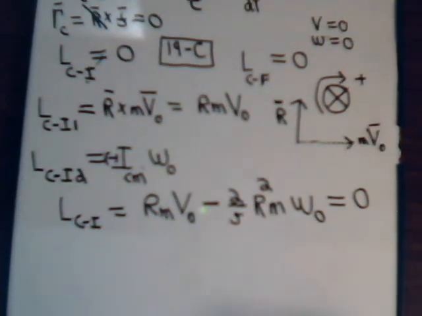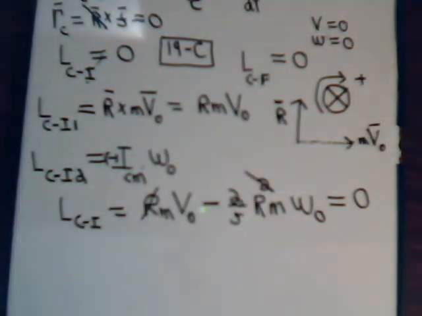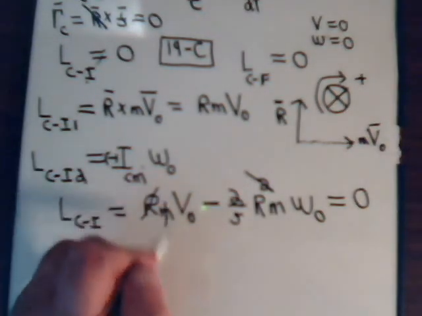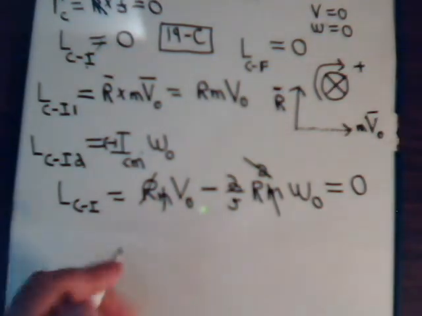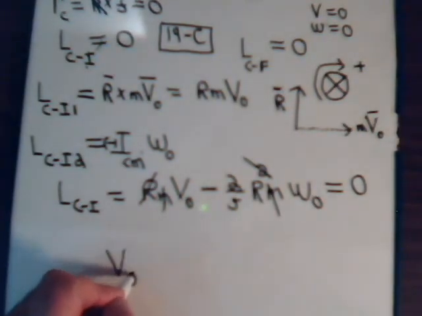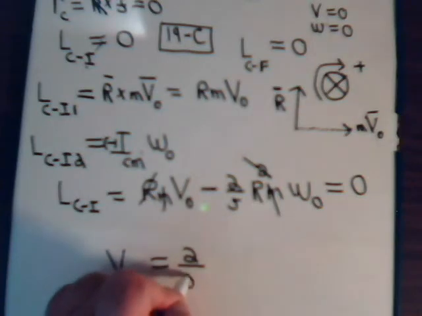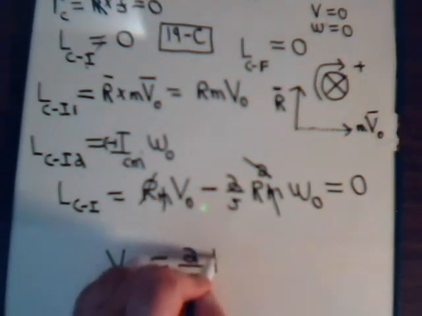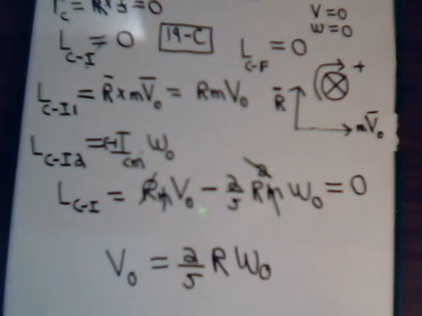And let's see what happens. This R cancels with one of these R's, and we have V naught equals 2/5 R omega naught. And that is exactly the same equation that we derived in the previous video.